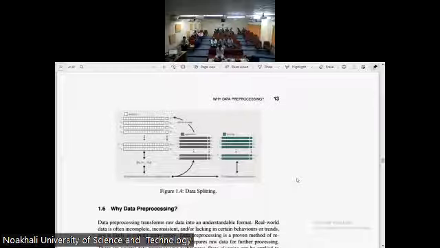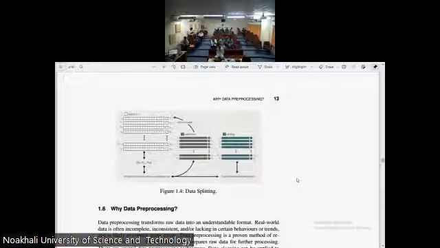When we have built our complete model, we use the test data to measure the final accuracy or final performance of the model. So when we build the model using training data, we test performance using validation data. When the model training is done, we test the final performance on test data.